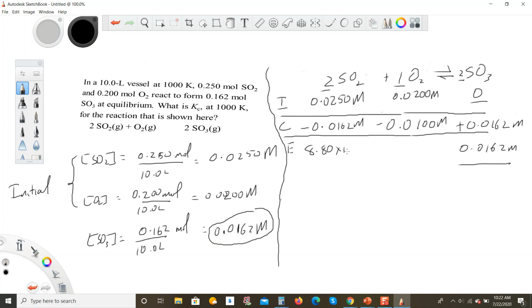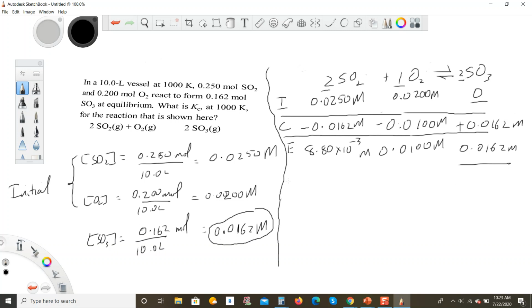As far as the oxygen is concerned, it's 0.0200 minus 0.0100, so that would be 0.0100 M. All right, so these would be the values at equilibrium.